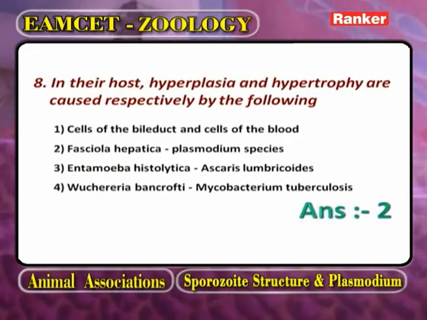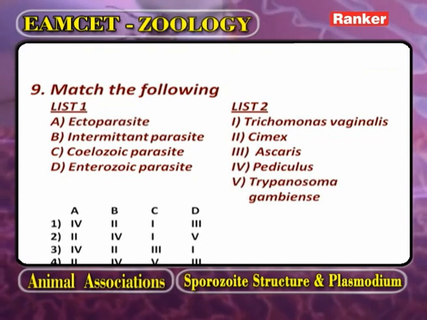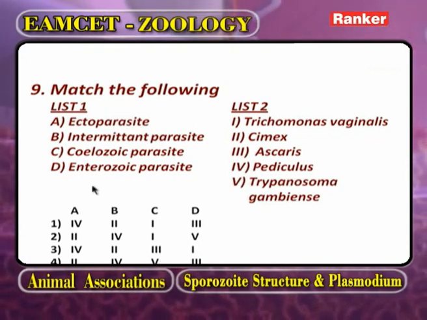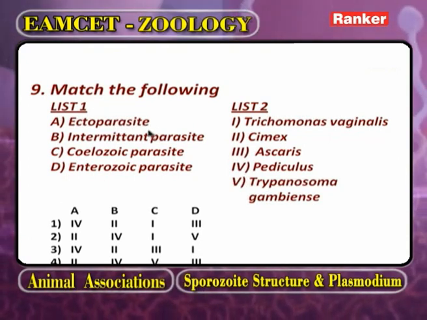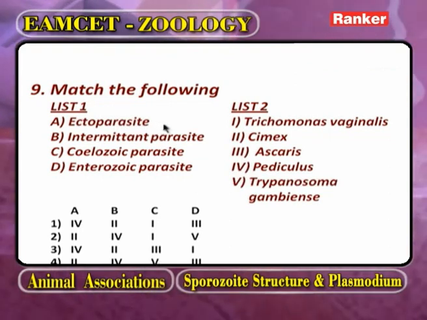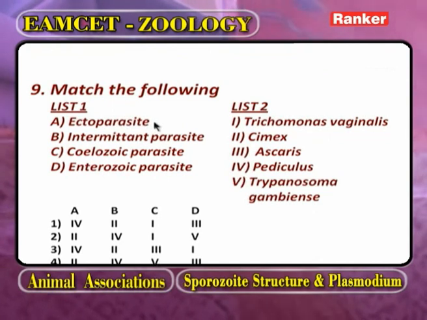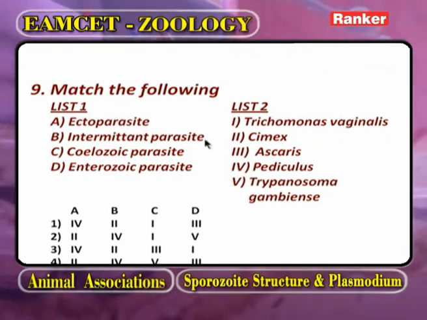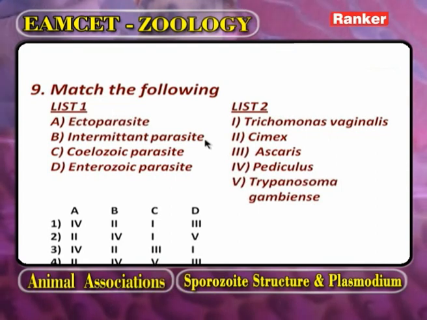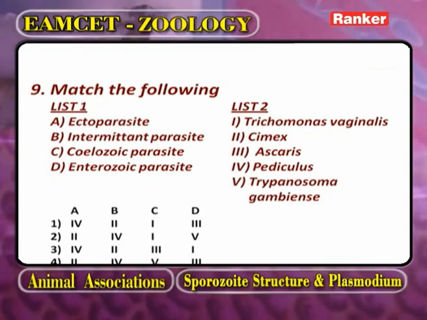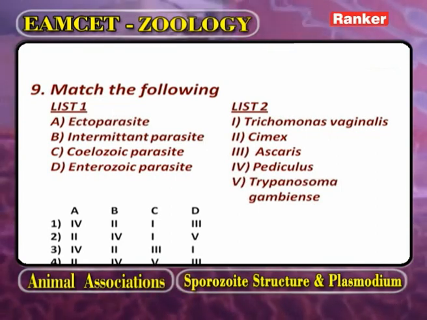Now we go for the next question. Match the following. Now regarding list one. One is ectoparasite. What is meant by ectoparasite? Parasite present outside the host body. What is intermittent parasite? The parasite temporarily lives on the host body. Take for example the mosquito.